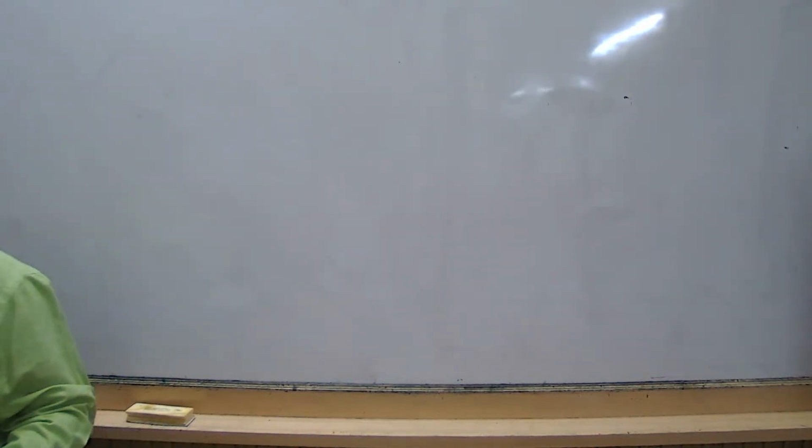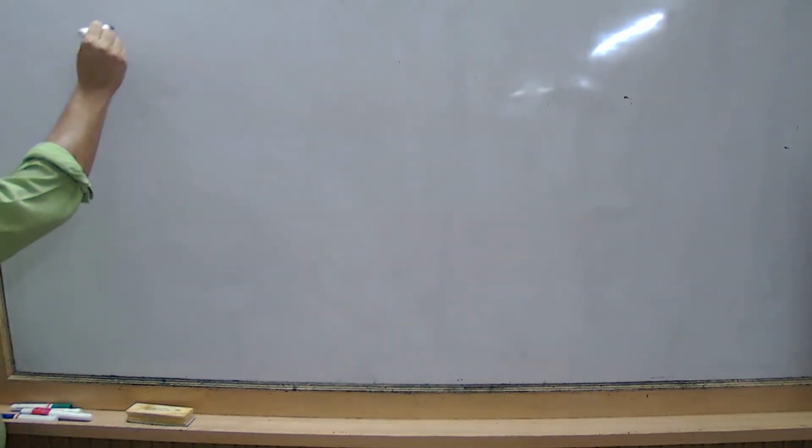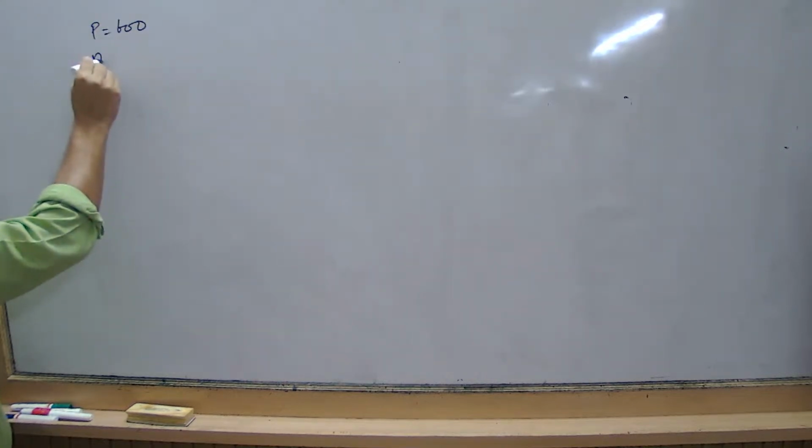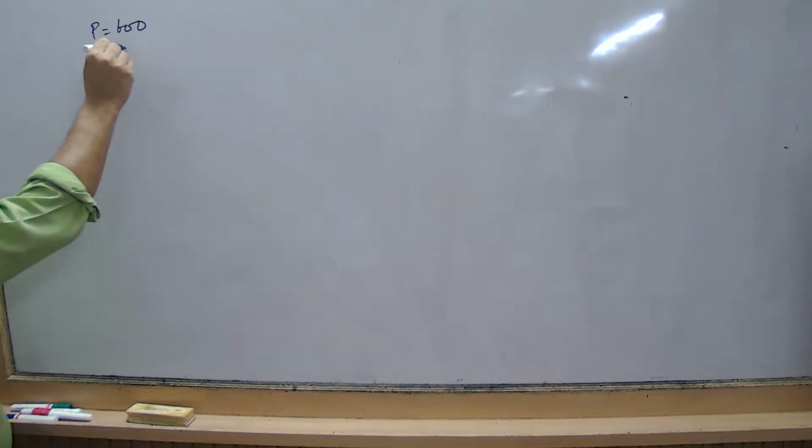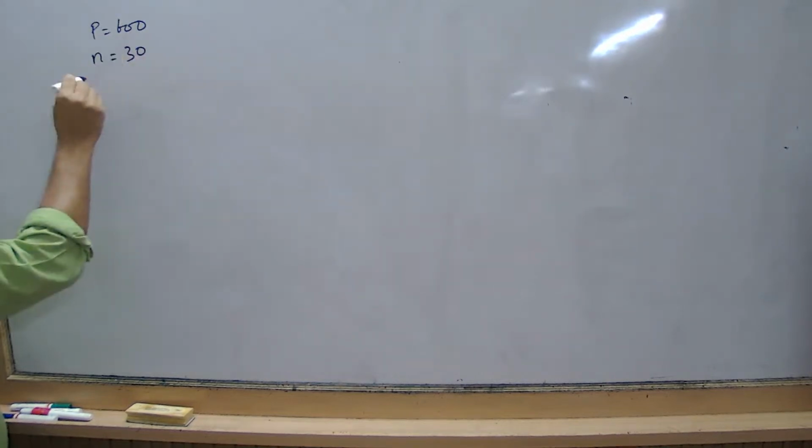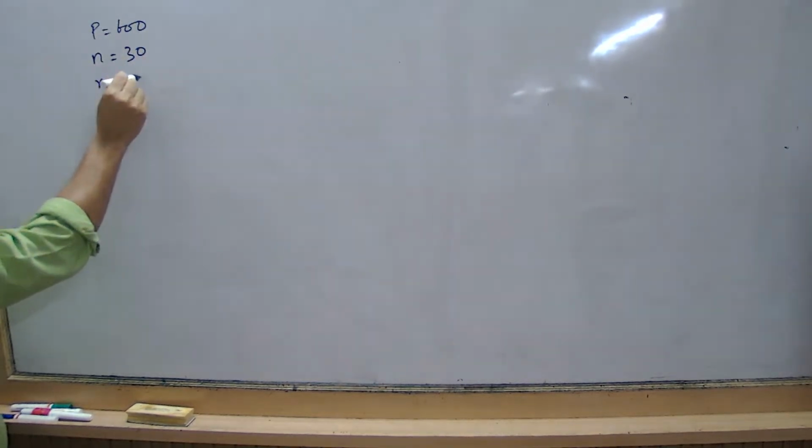Okay, sit down. What happened? Why are you people so delayed? You sit down now. Your friend said banking. Now, what is the value of P? 600. What is the value of n? 30. And r? 10%.